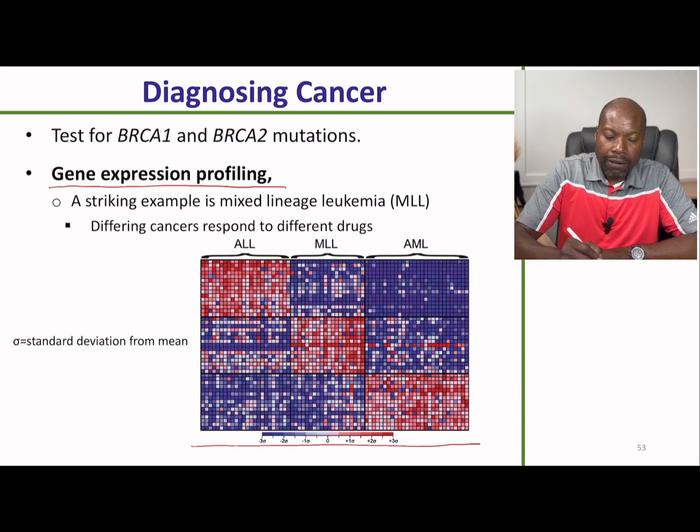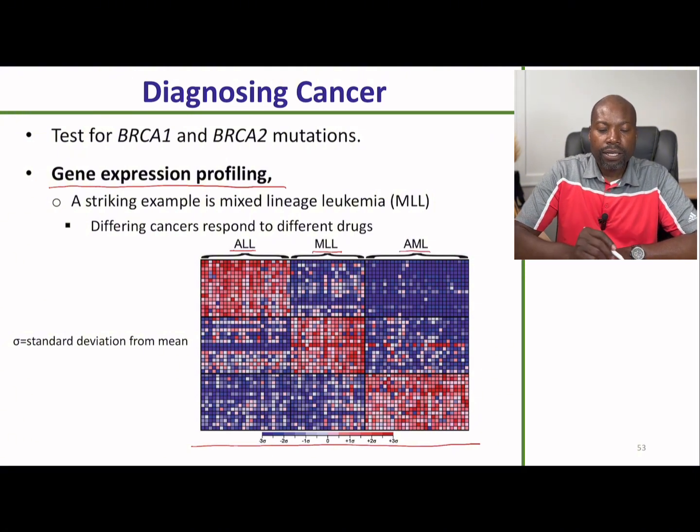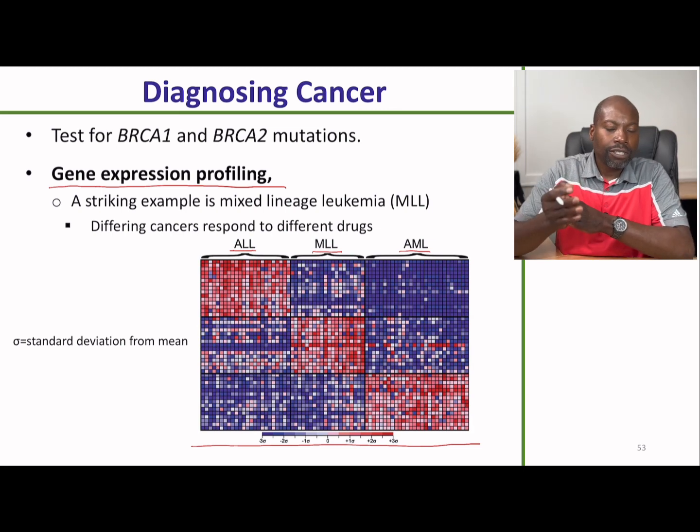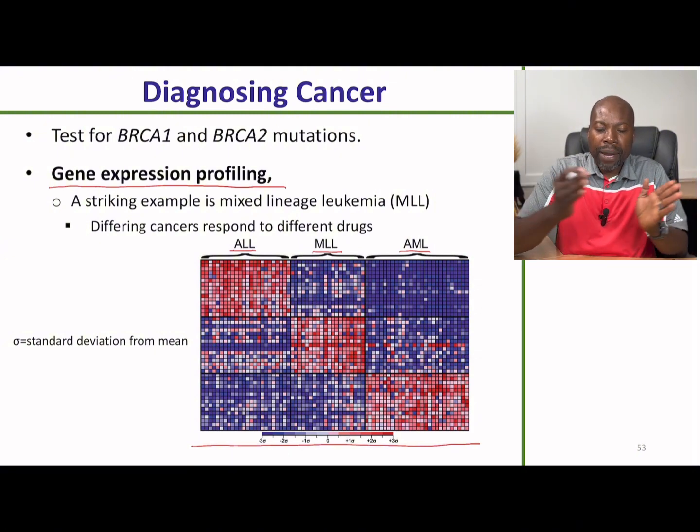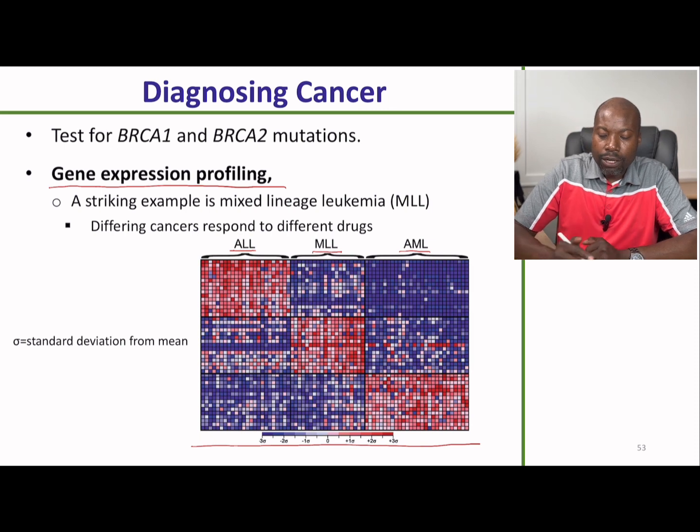So we have ALL, MLL, and AML. And so these are different cases of cancers. And these different cases of cancer, we are looking at the profile of gene expression in these cancers. And we are comparing them, right? We are comparing them and notice that, well, there is actually a huge spectrum in the variation.